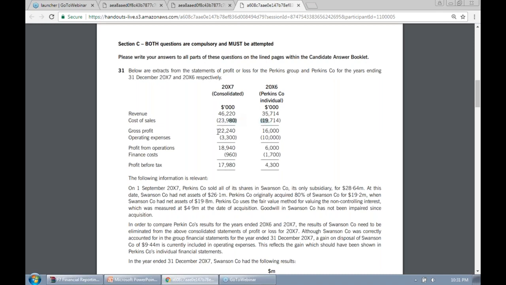But you do remember this point: whenever we are working on a consolidated financial statement, the key thing is we eliminate all types of intercompany transactions. So this point should be mentioned in the comments, that the company has ignored all the intercompany transactions.